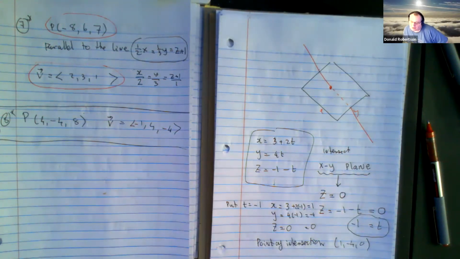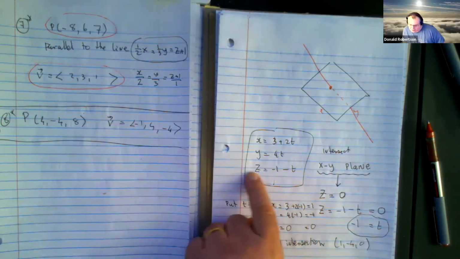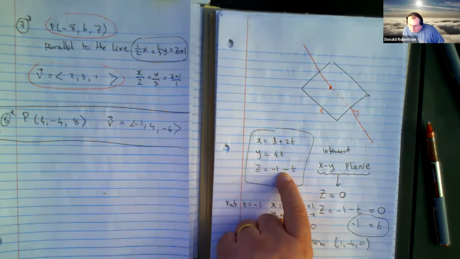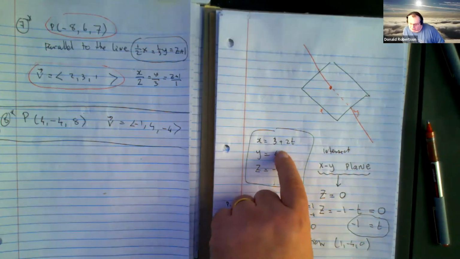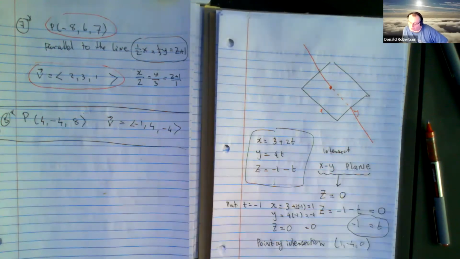So if you want to find out when a line crosses the XY plane, take the parametric equation and make Z 0. Find the value of T that makes that work and plug that same value of T into X and Y, and that will be your coordinate of where it crosses the XY plane.